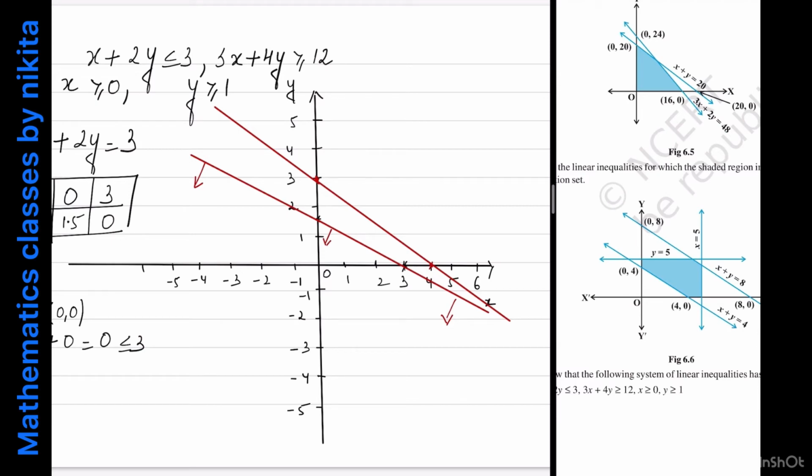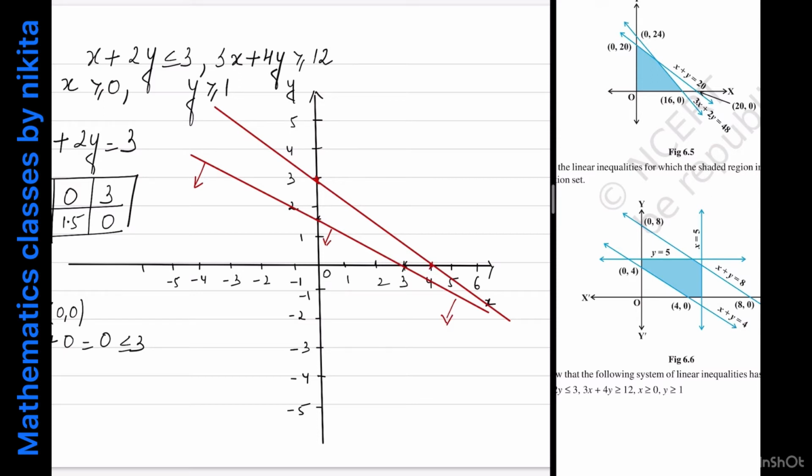Now if I see this inequality, and if I put 0 0 in it, so what you will have 0 plus 0 is 0, but 0 is not greater or equal to 0. That means 0 does not satisfy this inequality. So therefore this inequality is in the opposite direction of origin.